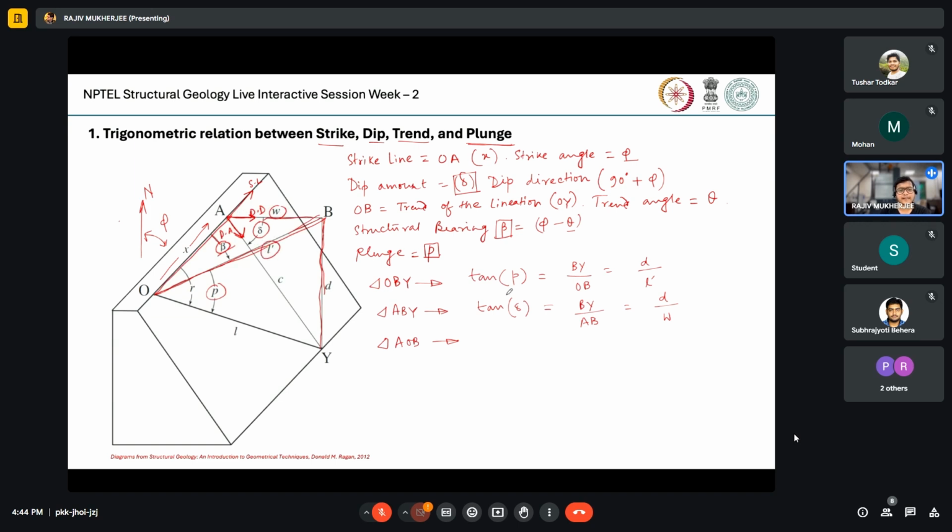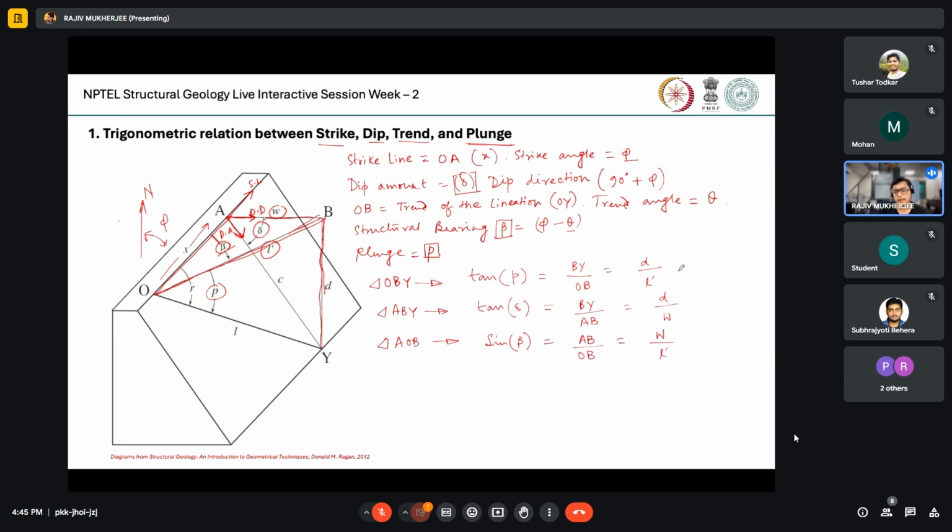So in case of triangle AOB, sine beta will be again perpendicular by hypotenuse. That means AB by OB. So AB is W and OB is L prime.